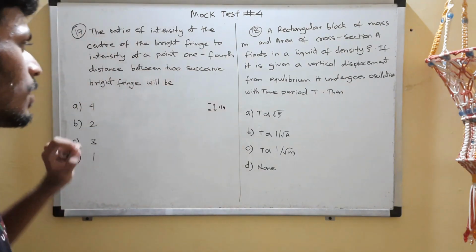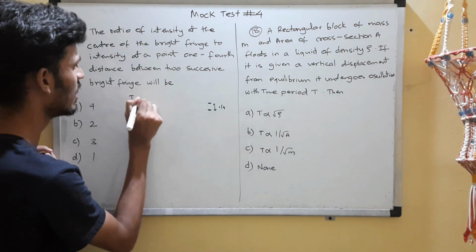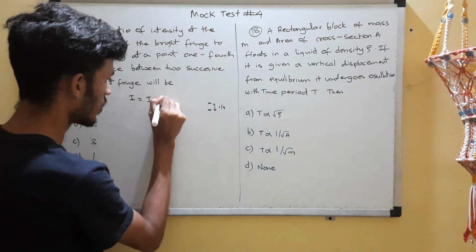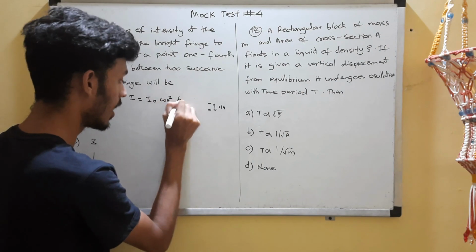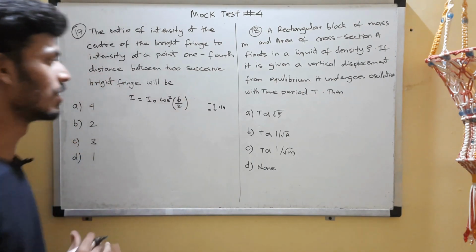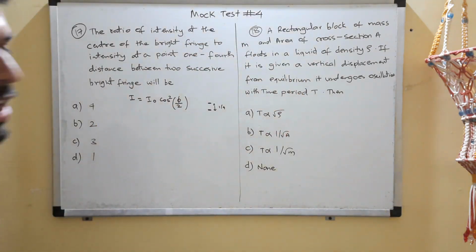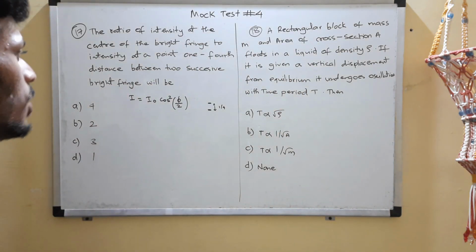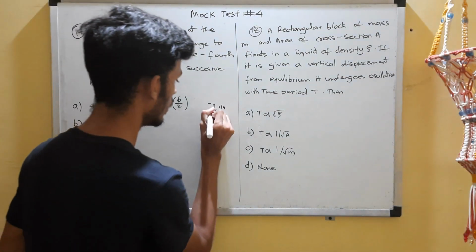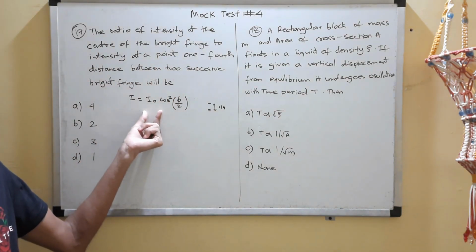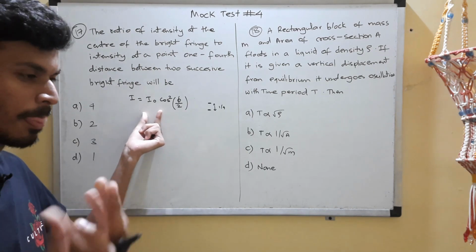So we directly know that the intensity at any point is given as I naught cos square phi by 2, where phi is the phase difference between the two waves that are coming over there at that point. We are supposed to find the intensity at the center, which we know to be I naught, which is 4 times the intensity due to each slit.